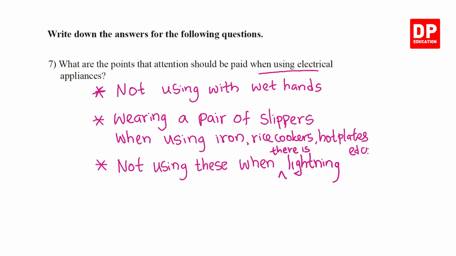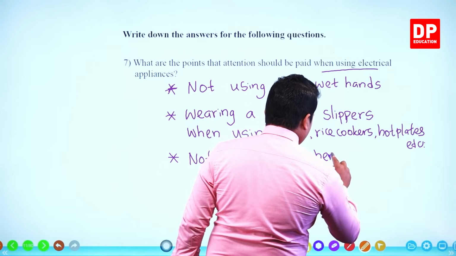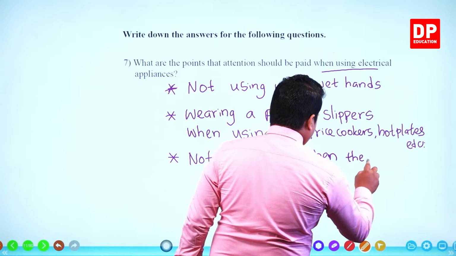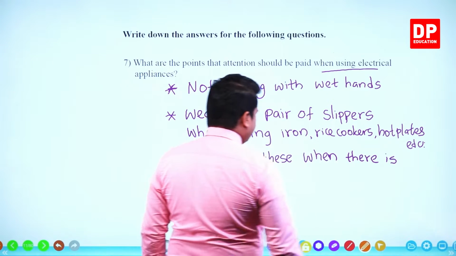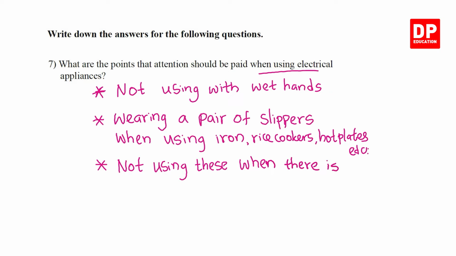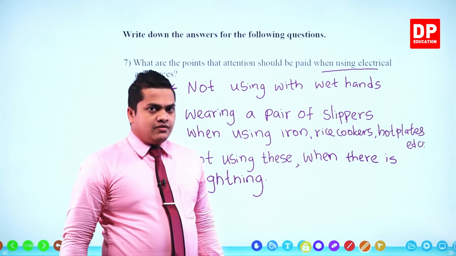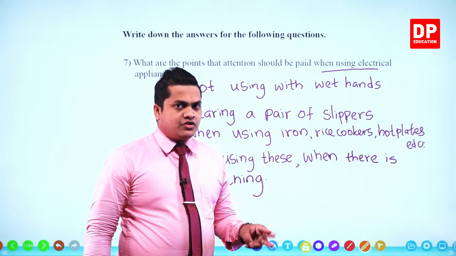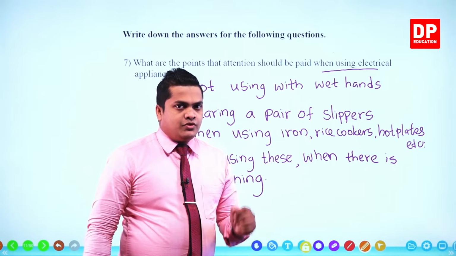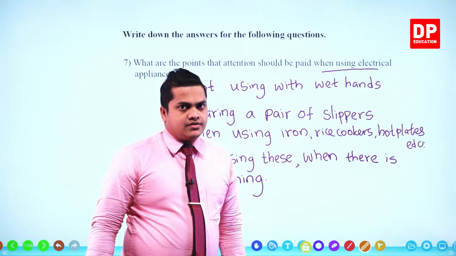Also, I'll erase this one and rewrite it. So these are the three special key points that we need to follow when we are using household electrical appliances.